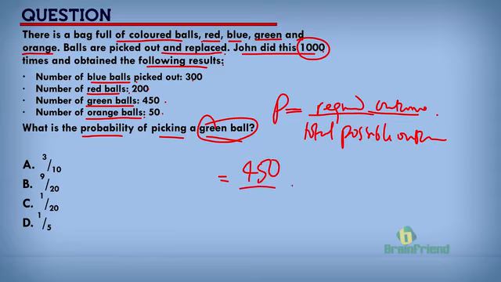The total number of possible outcomes is 1,000 because we had that experiment done 1,000 times. So 5 into 45 gives us 9, of course. 5 into 100 gives us 20. So we have 9 all over 20 as our answer. Let's see which of our options here are correct. Is it A, B, C, or D? Option B is correct. 9 over 20 is our answer.